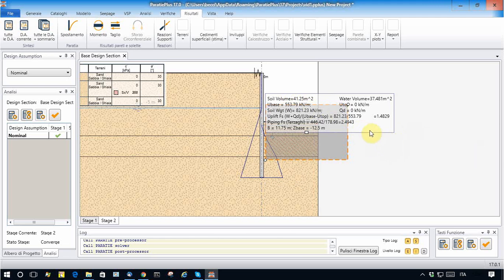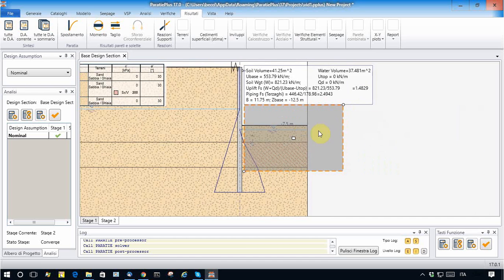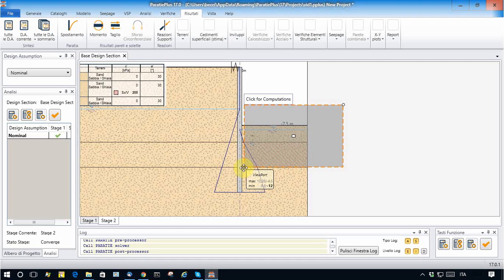Well, we see that as expected, the safety factor with respect to uplift has been reduced, because the effect of the ballasting load takes advantage of less soil above the soil plug. So the soil plug, in this case, is still appropriate, but the safety factor has been eroded.